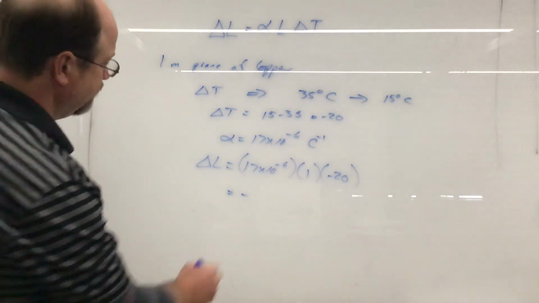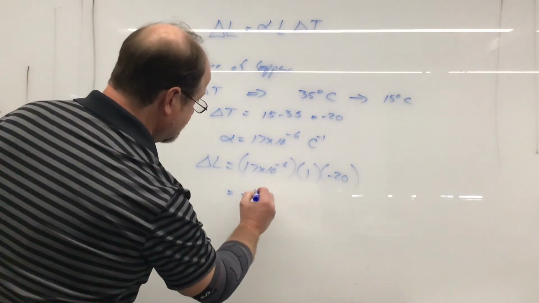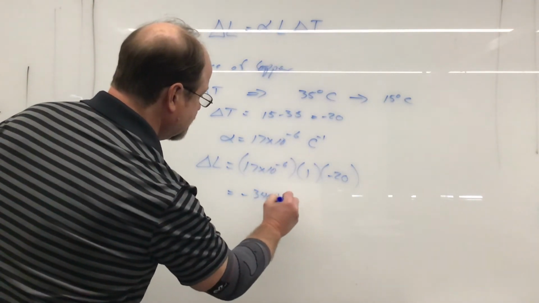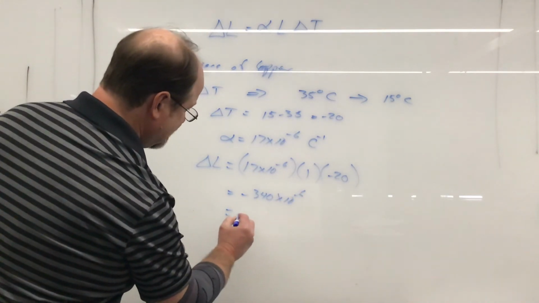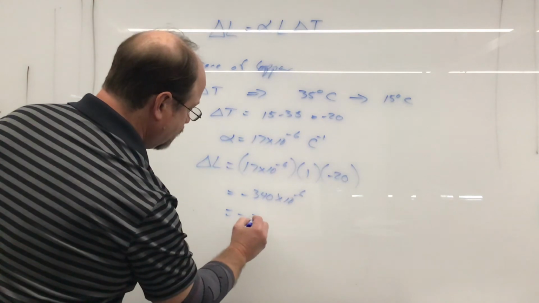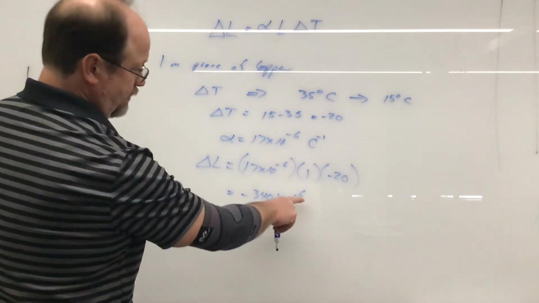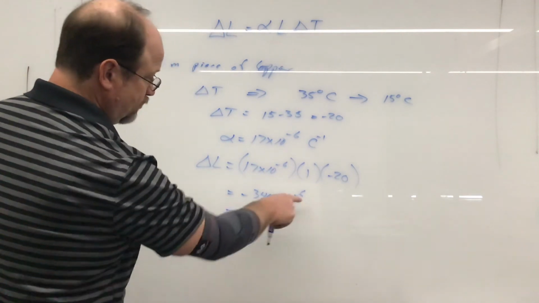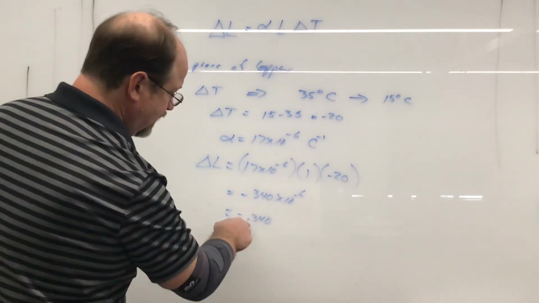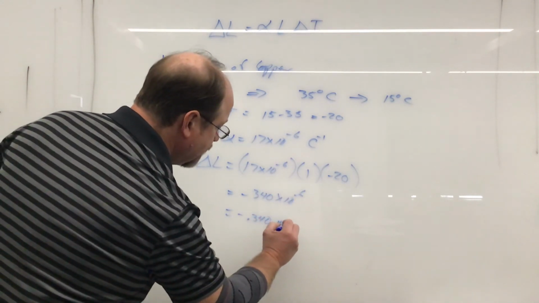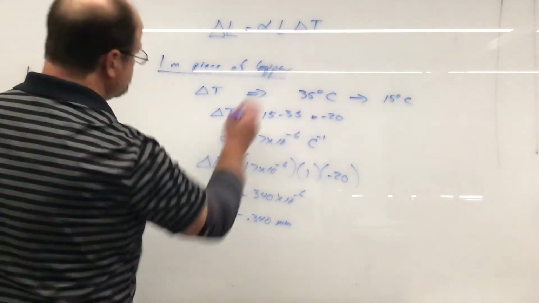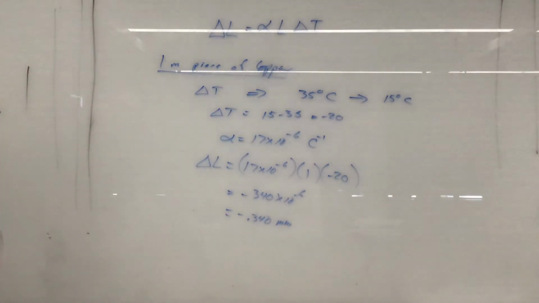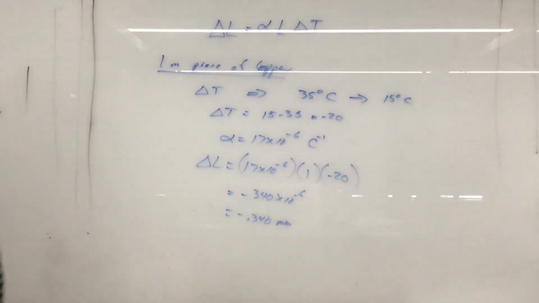If I multiply by 20, I get 340 times 10 to the minus 6, which is 0.340 times 10 to the minus 3 meters, or 0.340 millimeters. So that 1 meter long piece of copper would shrink by 0.34 millimeters. A very, very tiny amount, right?